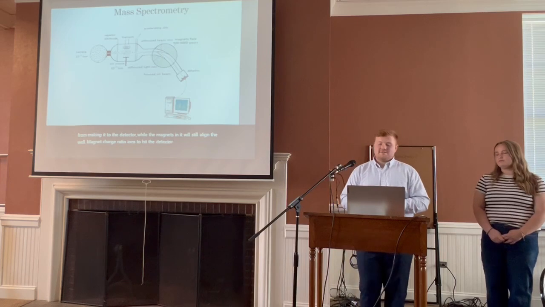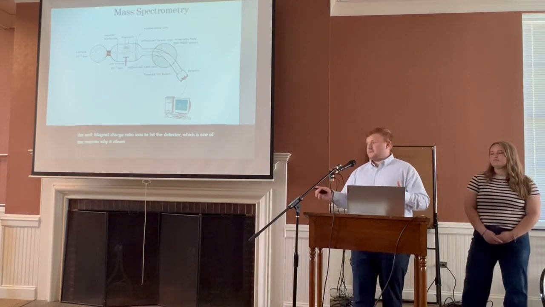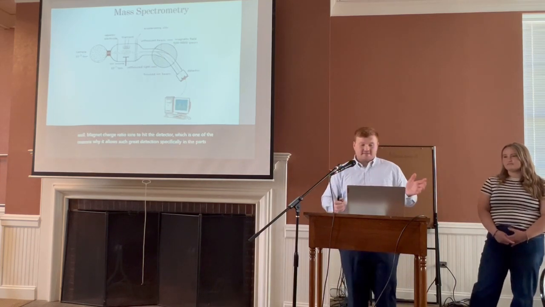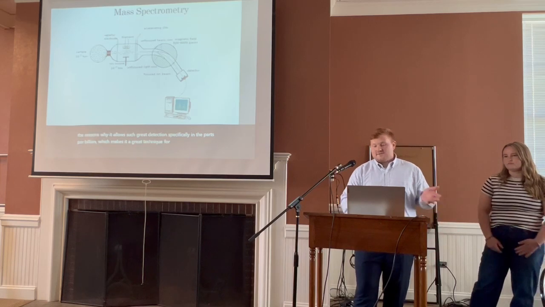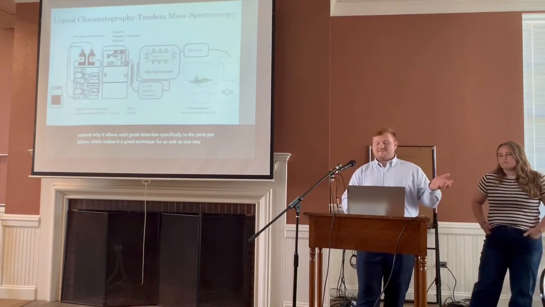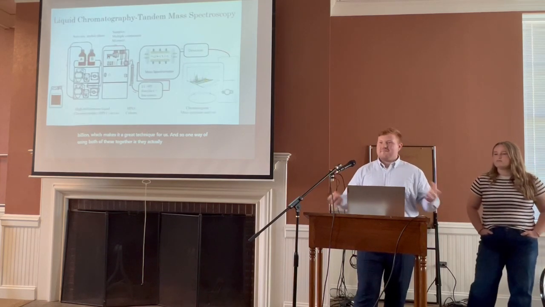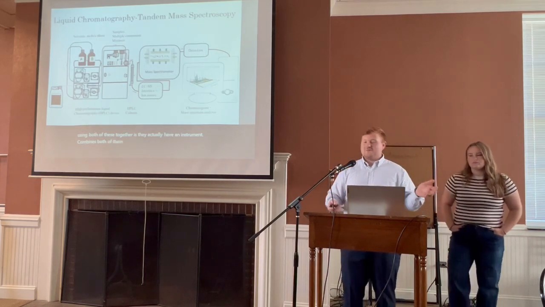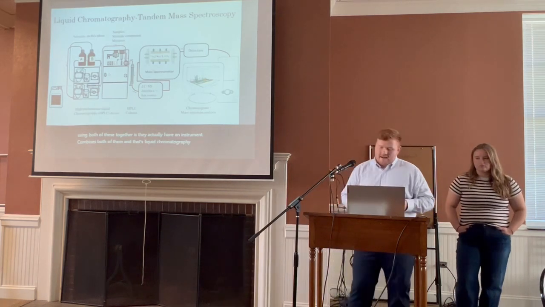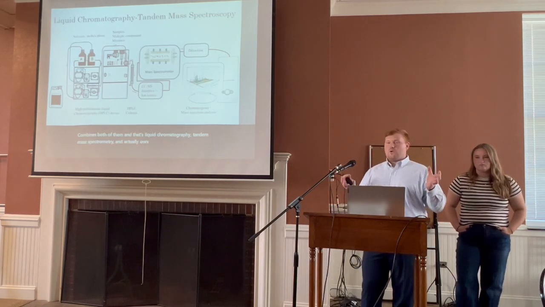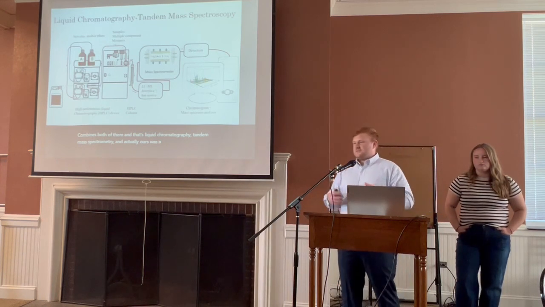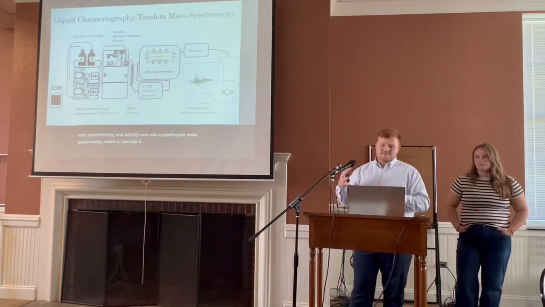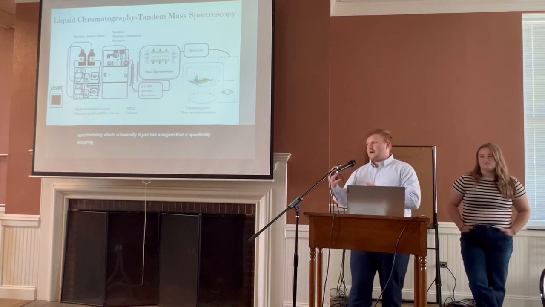That's one of the reasons it allows such great detection, specifically in the parts per billion, which makes it a great technique for us. One way of using both of these together is an instrument that combines both of them, and that's liquid chromatography tandem mass spectrometry. Ours was a quadrupole mass spectrometer, which basically has a region that specifically traps the ions to look for them.